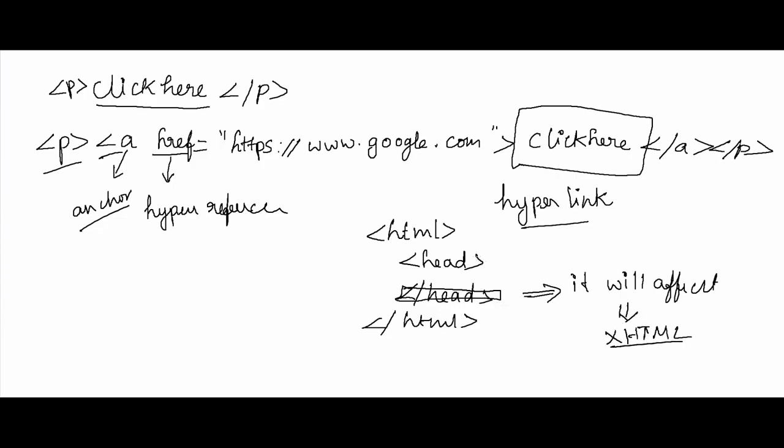But in the case of HTML, it will ignore the errors. It does not strictly maintain the syntax, but in the case of XML, the syntax is strictly maintained. So this is the way to give a link for a text.